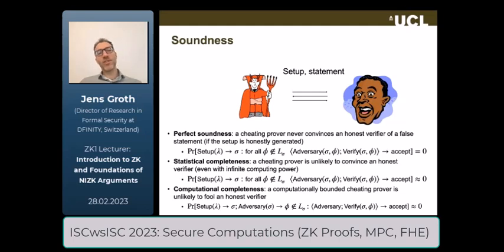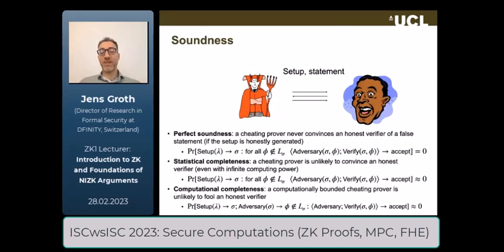It's interesting to think about this trade-off between security and efficiency. Why wouldn't you always want to get perfect soundness and the strongest security guarantee? The reason is that if you relax the requirement for soundness, you can get better efficiency.